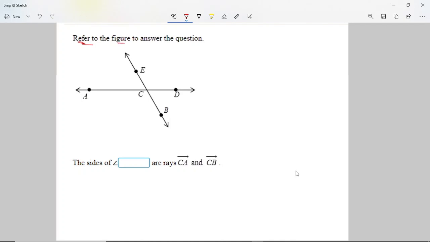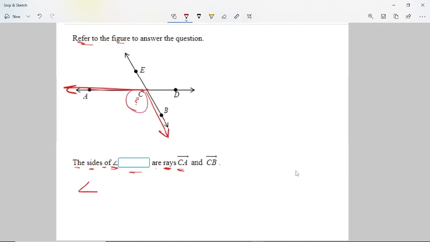Refer to the figure to answer the question. I have two rays intersect in C. So here it is saying the sides of this angle are rays CA and CB.